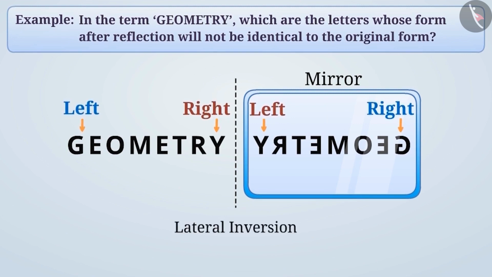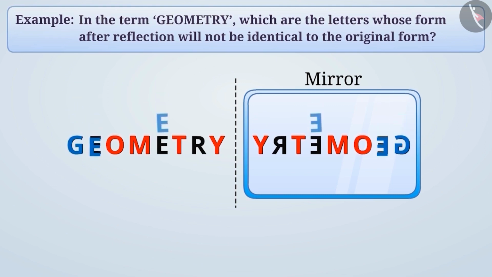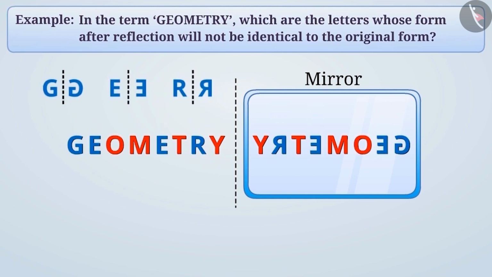Here, we can see that even after reflection, there is no change in the form of the English letters O, M, T, Y. That is, their shape remains identical to the original form even after reflection. But if we talk about the English letters G, E, E, R, etc., then their right part appears to be left in the reflection and their left part appears to be right in the reflection.